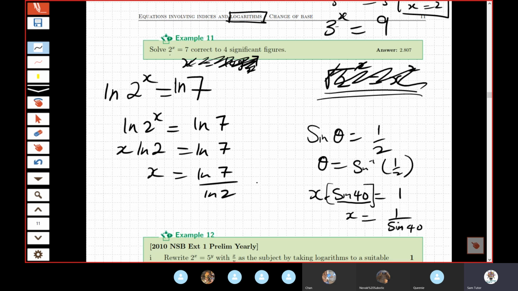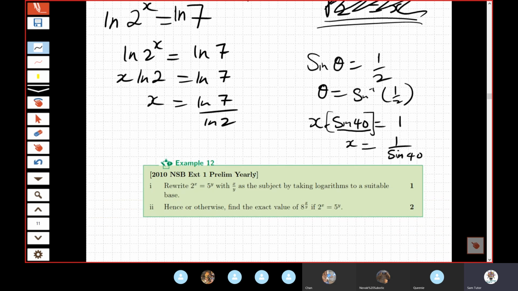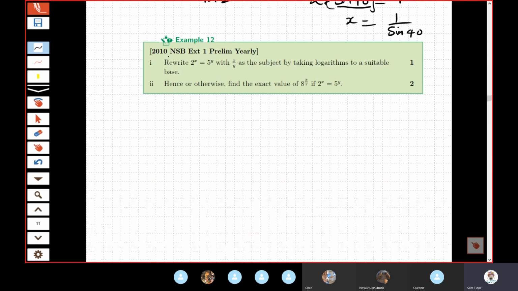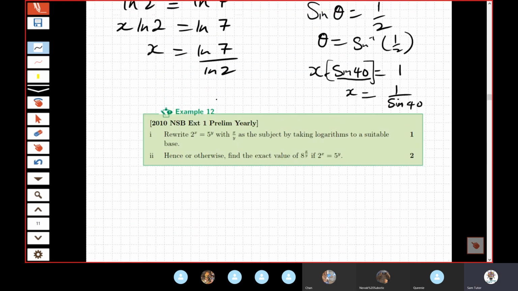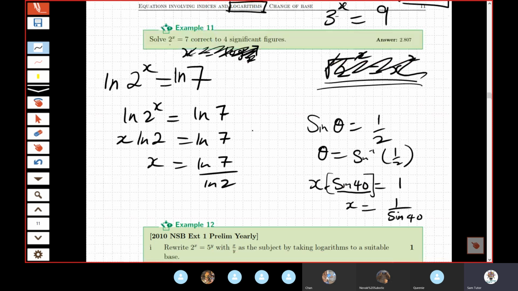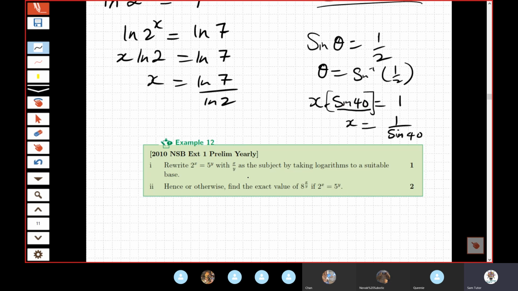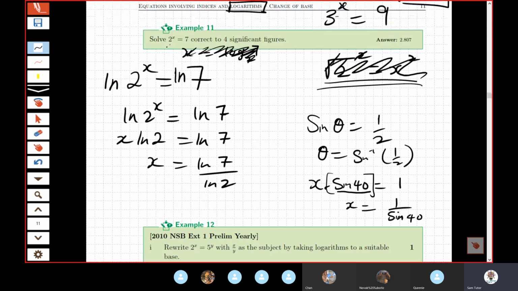And the reason why we prove it is because you're going to get these questions in exams. There it is, Extension 1, North Sydney Boys, Extension 1 Prelim Yearly, 2010. And again, you guys can see how we structure these booklets. We structure these booklets like one theory question, or maybe two theory questions, and then pretty much exams. It's not like your textbooks where you keep going through like 1,000 of these and getting really comfortable with them.